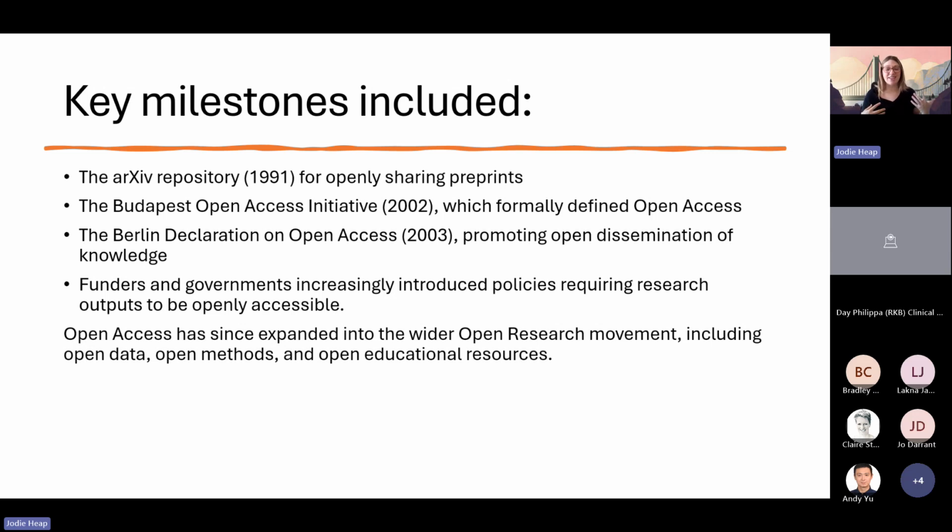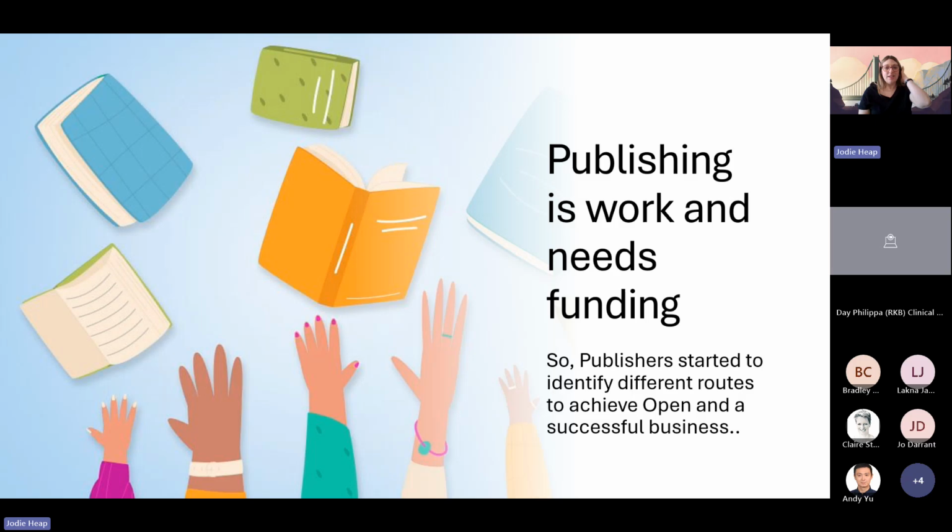That ties into transparency and reproducibility and all those good things. So the publishers had to start figuring out how they could adapt to the changing needs and demands of various people.